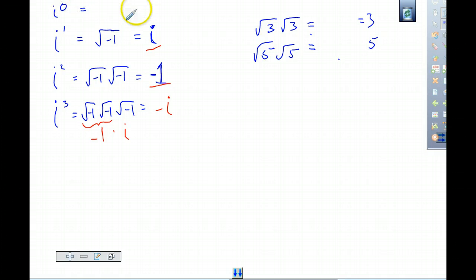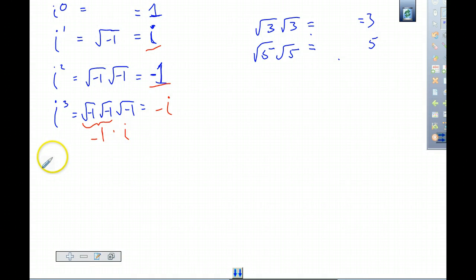Anything to the 0 power equals 1, positive 1, except 0. 0 to the 0 is kind of an extra-credit question. But anything but 0 to the 0 power equals 1. 2 to the 0 equals 1. 5 to the 0 equals 1. Negative 4/5 to the 0 power equals 1.